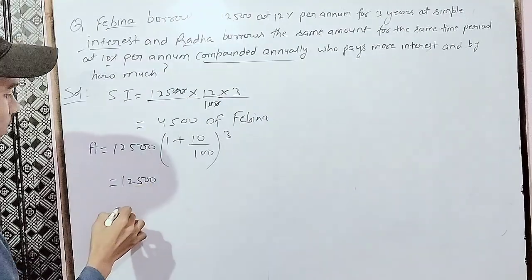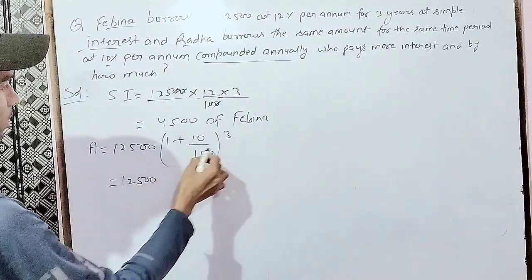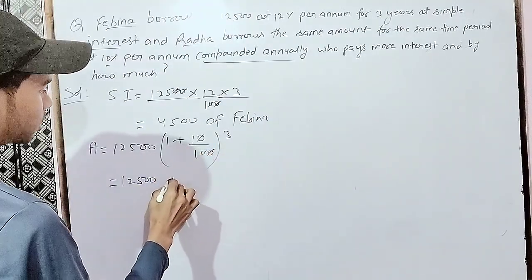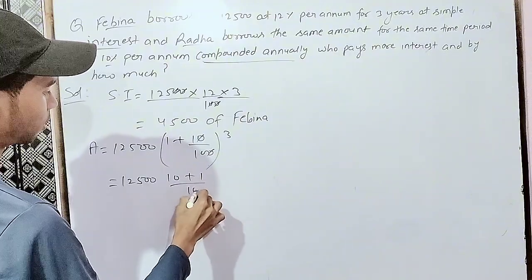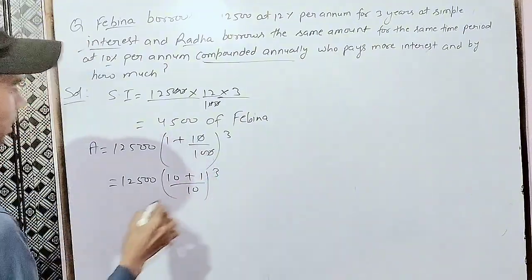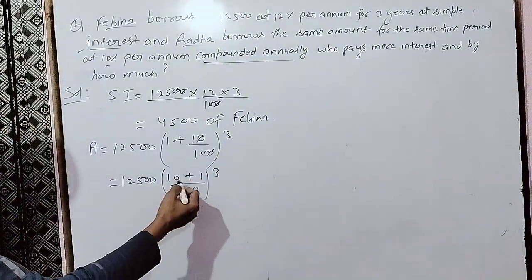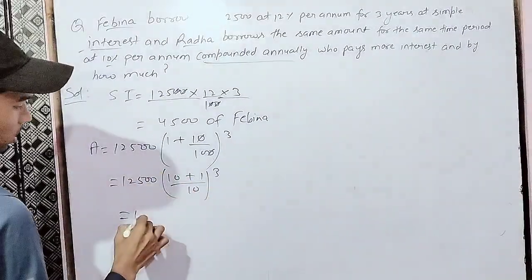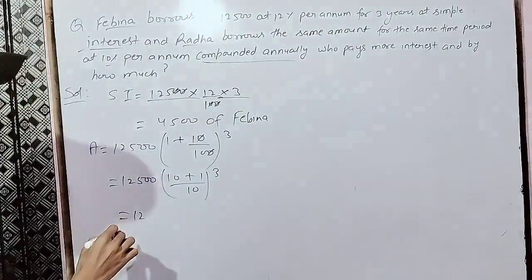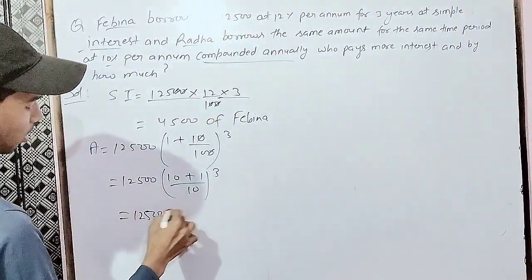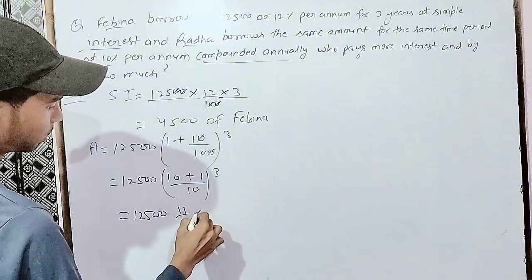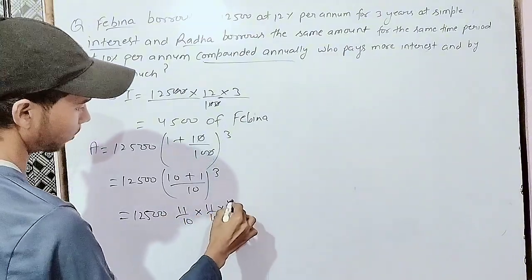With the asset, we have 10, and 1 upon 10 is 100, and it is like that. This whole in bracket is 3 times. Then we will write it 3 times separately. 11 upon 10, 11 upon 10, 11 upon 10.